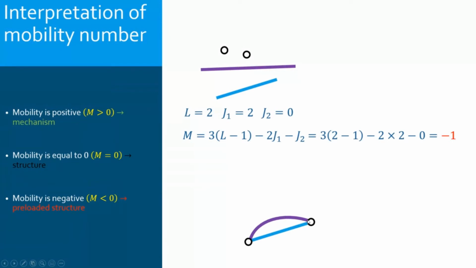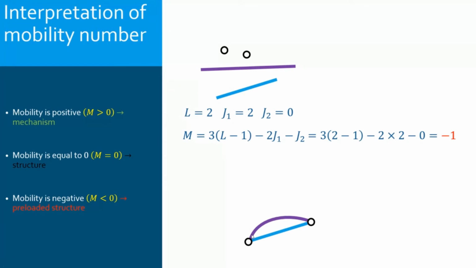You cannot connect them while keeping the bar in this straight shape. You need to have some distortion in this link in order to connect them. Is this clear?